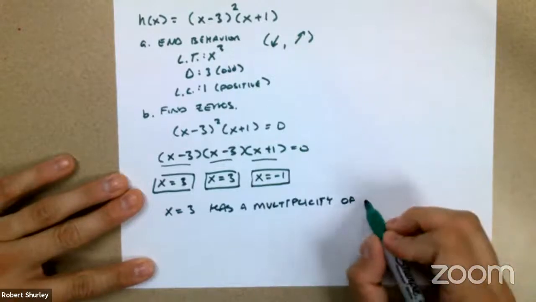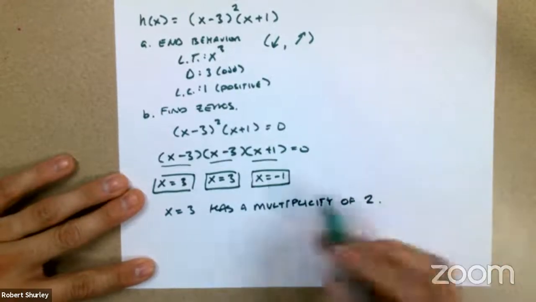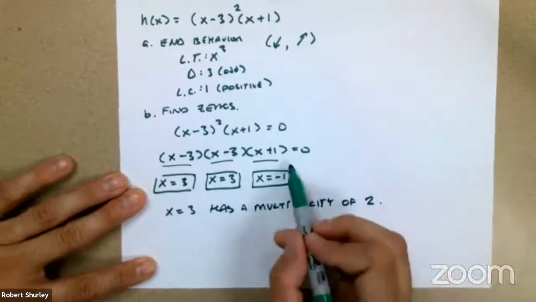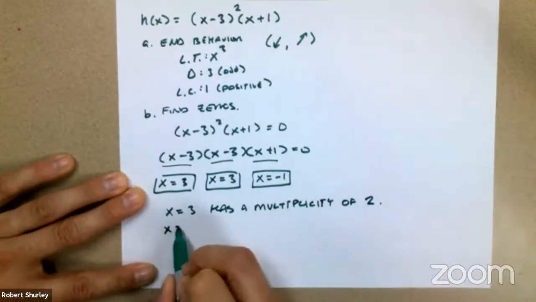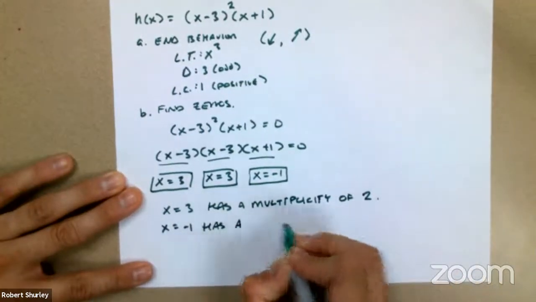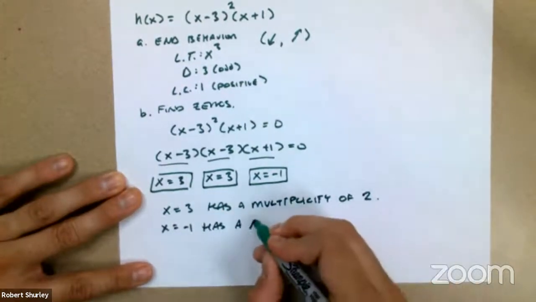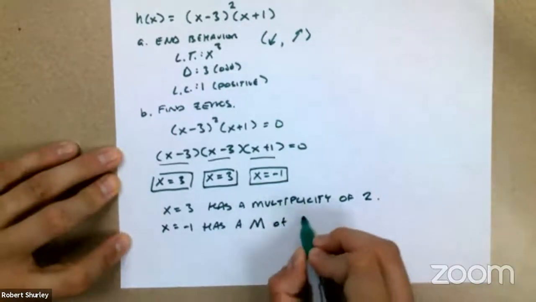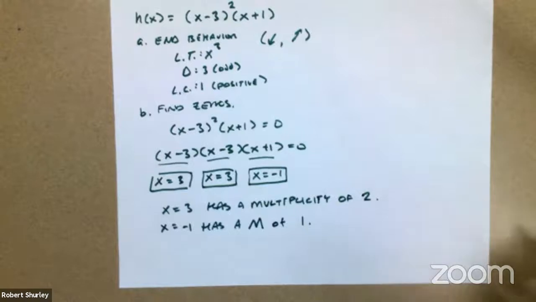Has a multiplicity of 2. Now, -1 has a multiplicity of just 1 because it only happens once. If you want to write that, you're more than welcome to. X equals -1 has a, for multiplicity we can just use a capital M, multiplicity of 1 because it only happens one time.